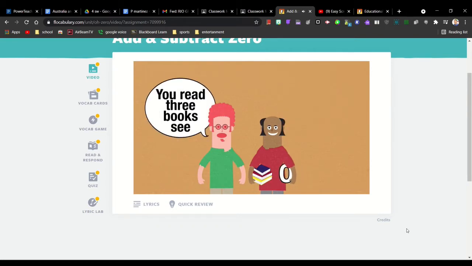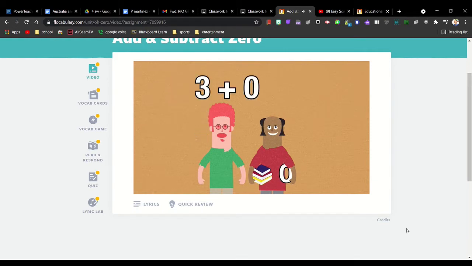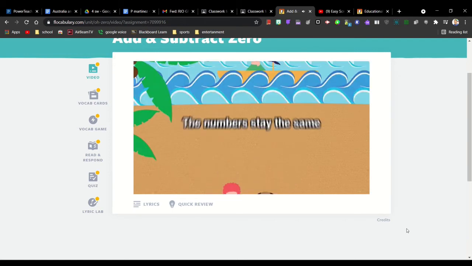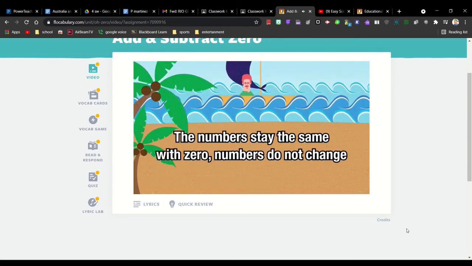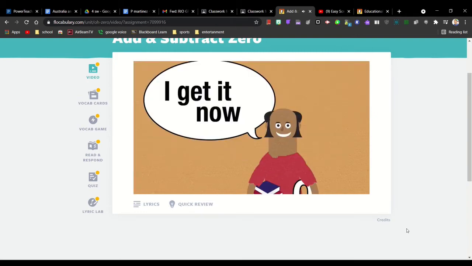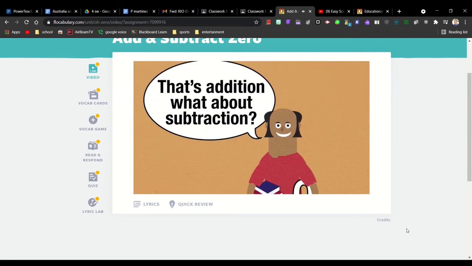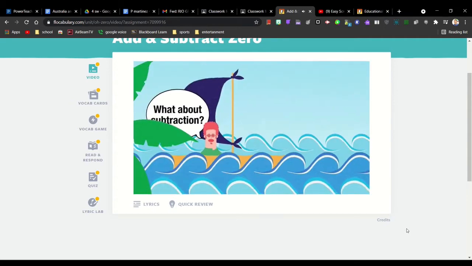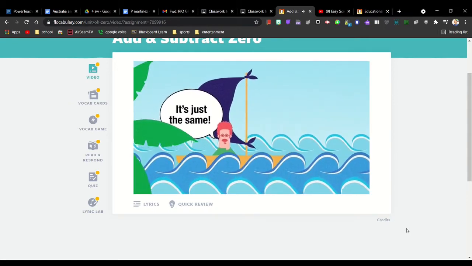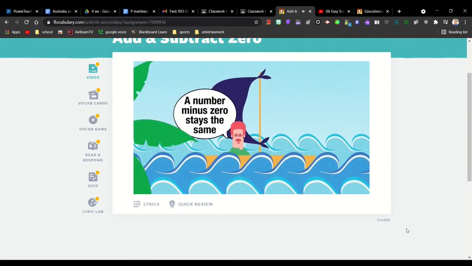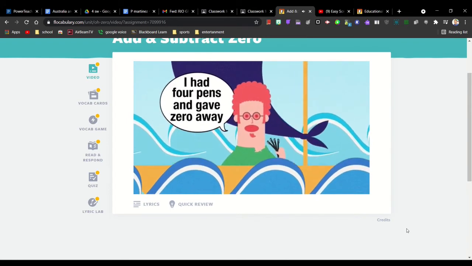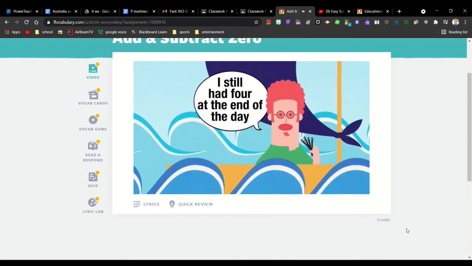No, you read 3 books, see? 3 plus 0 equals 3. 9 plus 0 equals 9. And 5 plus 0 equals 5. Oh, I see. The numbers stay the same. With 0, numbers do not change. I get it now. I see what happened. That's addition. What about subtraction? It's just the same. A number minus 0 stays the same. I had 4 pens and gave 0 away. I still had 4 at the end of the day.